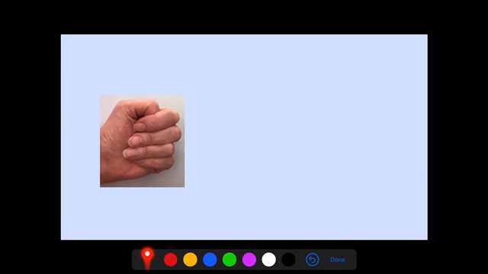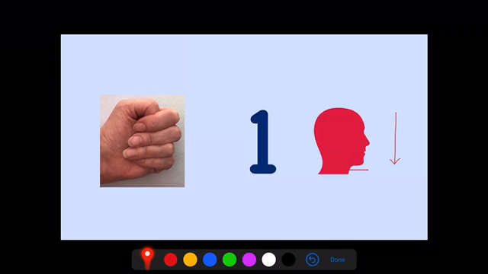Well, we've already talked about the fact that we will be listening for a short vowel sound, a, i, or o, and we will also be thinking about whether or not the word has one syllable.